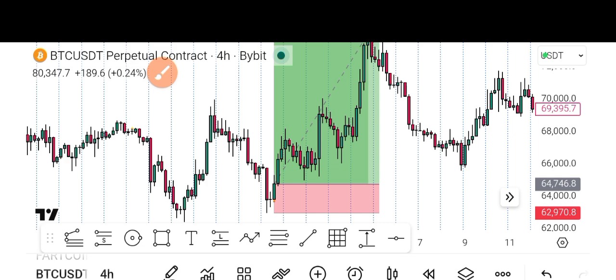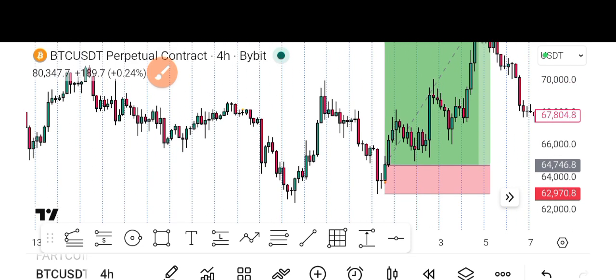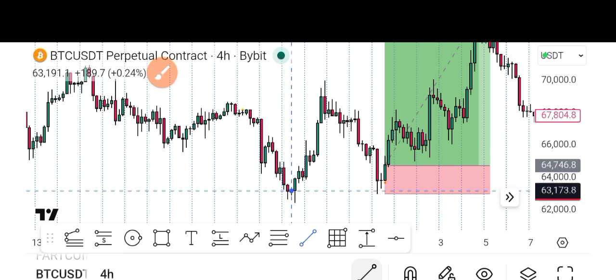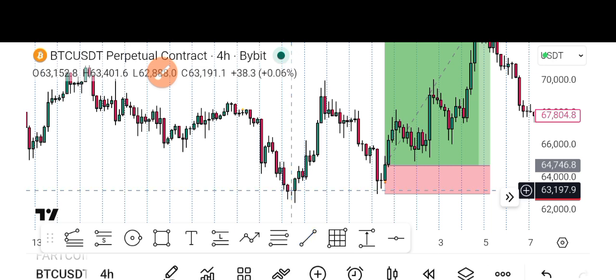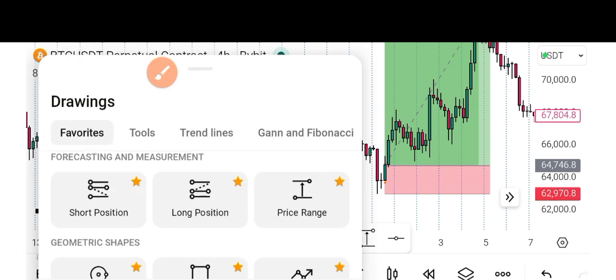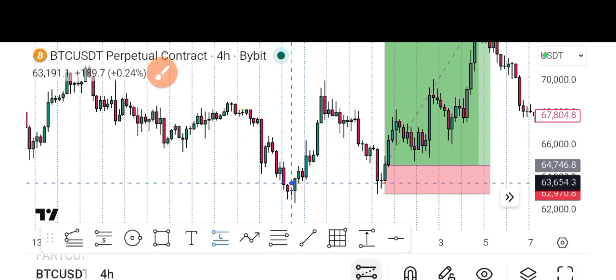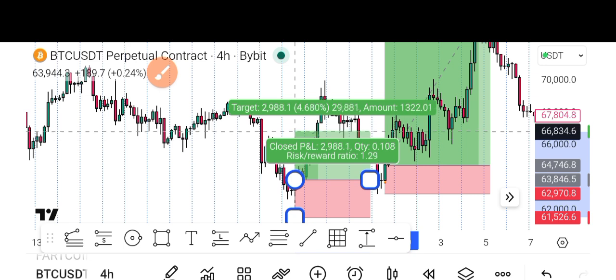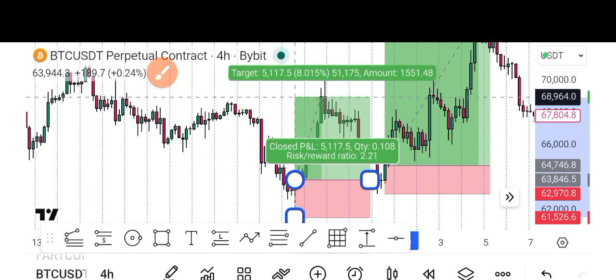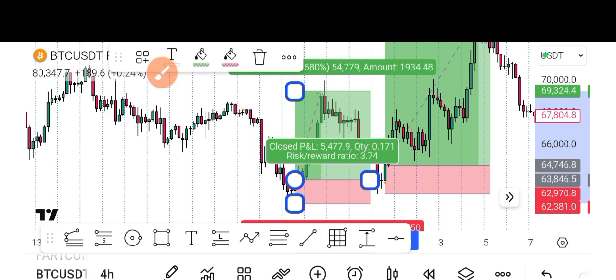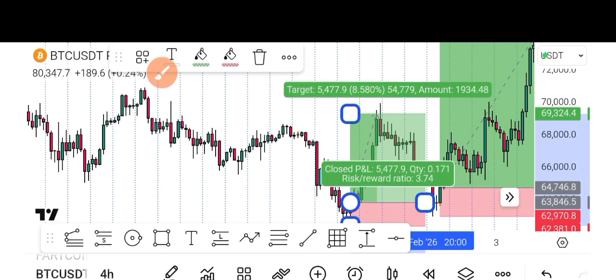So let's get another one. This is also a traditional doji here. I saw another one now. You adjust your stop loss. 1:3.